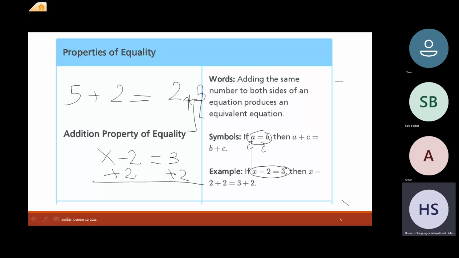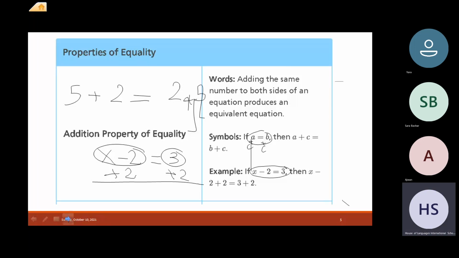As an example, I have oranges here and here. If I add 2 apples here and 2 apples here, they are still the same. Even if you switch it, 5 plus 2 equals 2 plus 5. If you add 5 here and 5 here, are they still equal? Yes. So if you have x minus 2 equals 3, this part is equal to this part. If you add 2 here and 2 here, they are still equal.